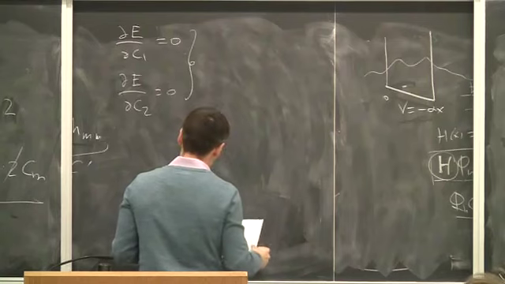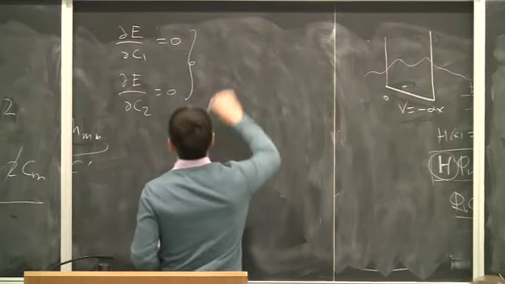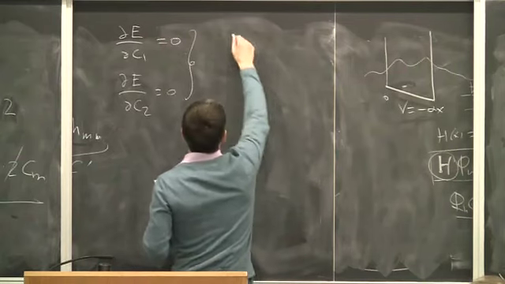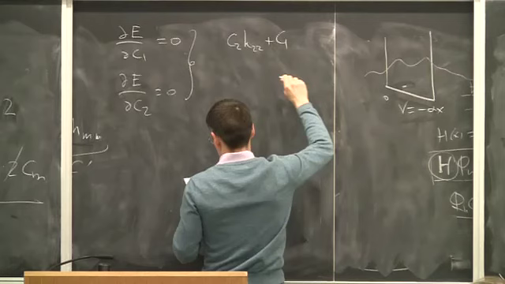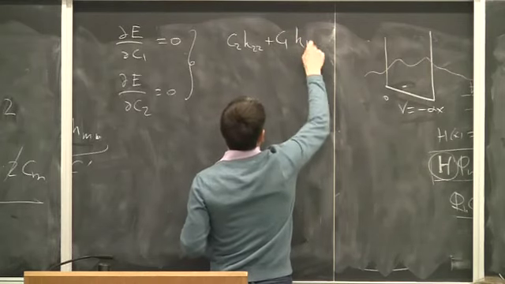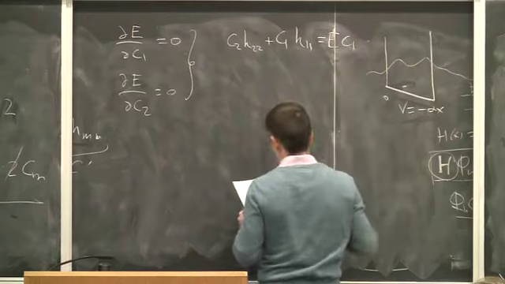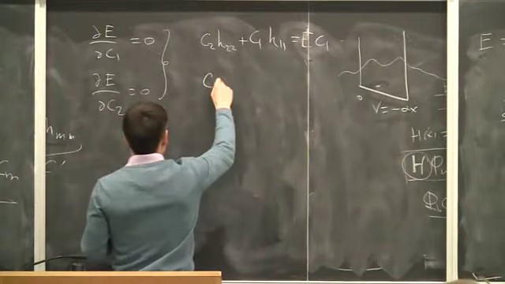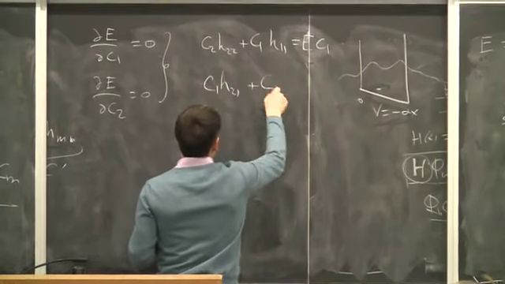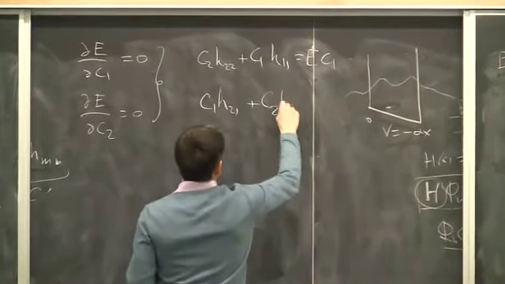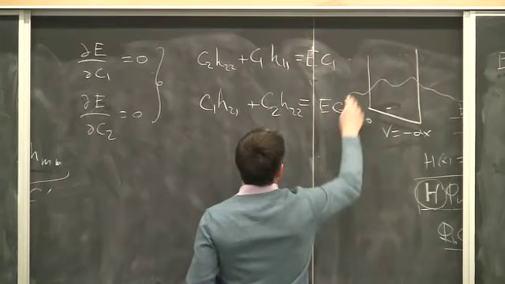And what they give us is this type of two equations: C2H22 plus C1H11 equal to energy C1, and C1H21 plus C2H22 equal to energy C2.